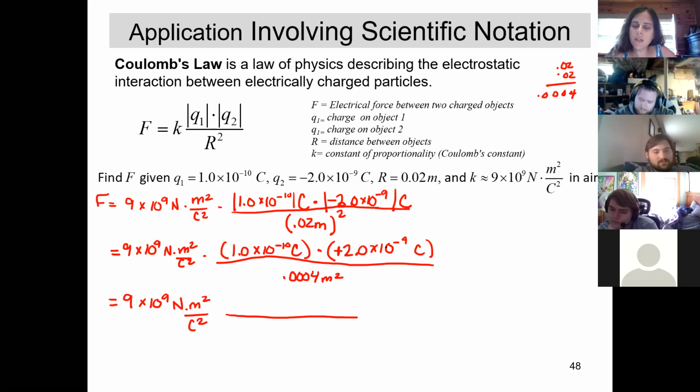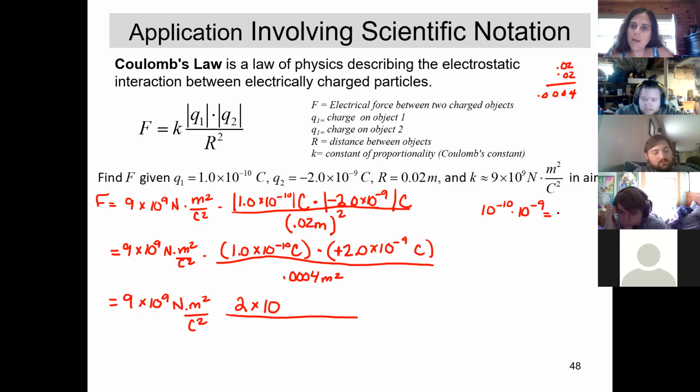Now what I'll do is something convenient. I'm going to multiply the 1.0 times the 2.0. Well, 1 times 2 is 2. Times 10 to the, now I'm going to take the 10 to the negative 10 power times 10 to the negative 9 power.